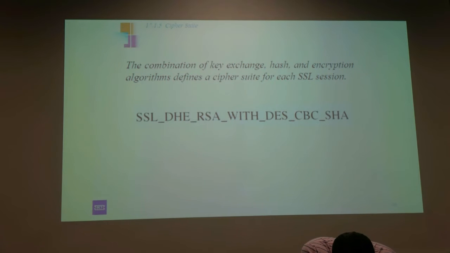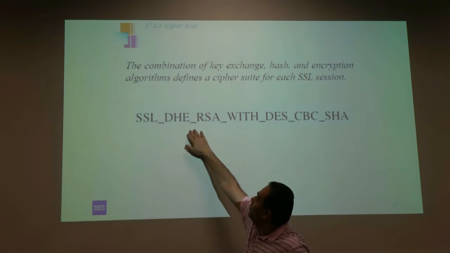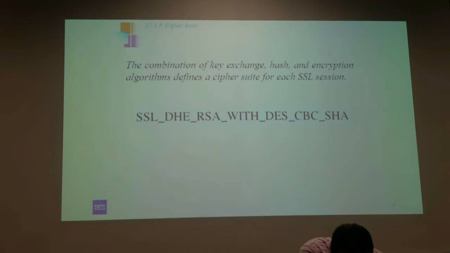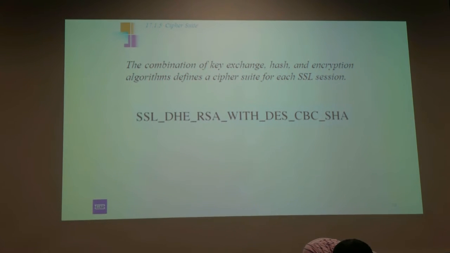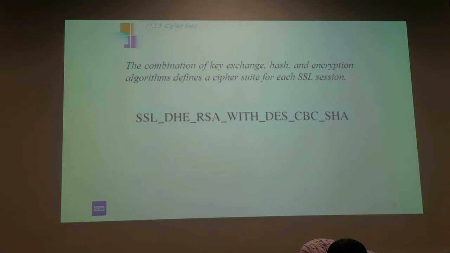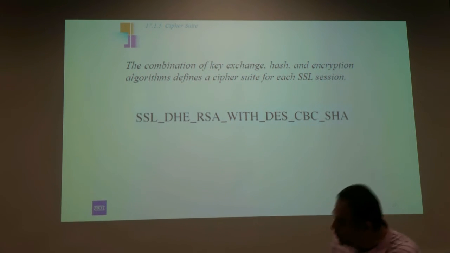Each suite starts with the term SSL followed by the key exchange algorithm. The word WITH separates the key exchange algorithm from the encryption and hash algorithm, as you see in here. So we have so many suites you could pick from.